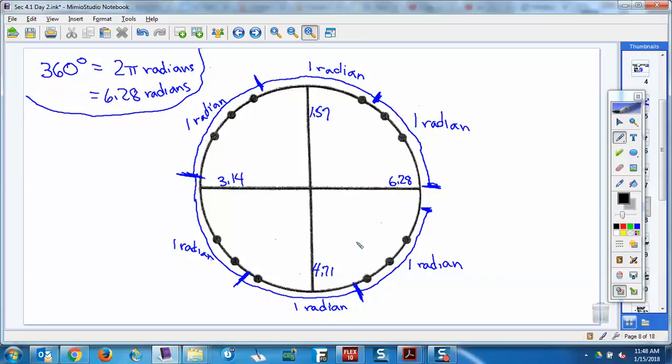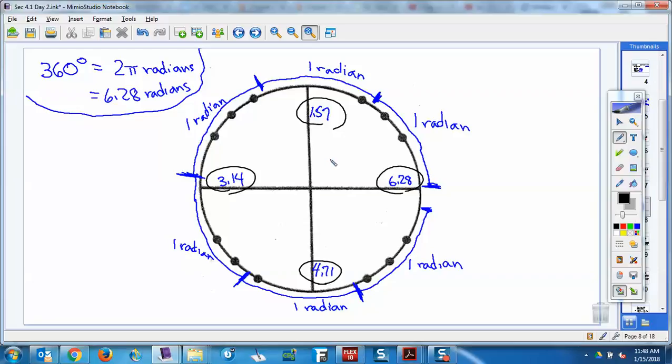All right. So there's our picture there. That's kind of the picture we have. You can hang on to that circle if you want. You know, these are going to be kind of some important numbers for us to remember. Okay? But 1 radian, another radian, another radian. All of those are about 57.3 degrees, which makes sense because it's a little more than 6. 360 degrees. 6 of those, all right, 360 divided by 6 would be 60 degrees, but it's a little more than 6, so the angle's a little less than 60.